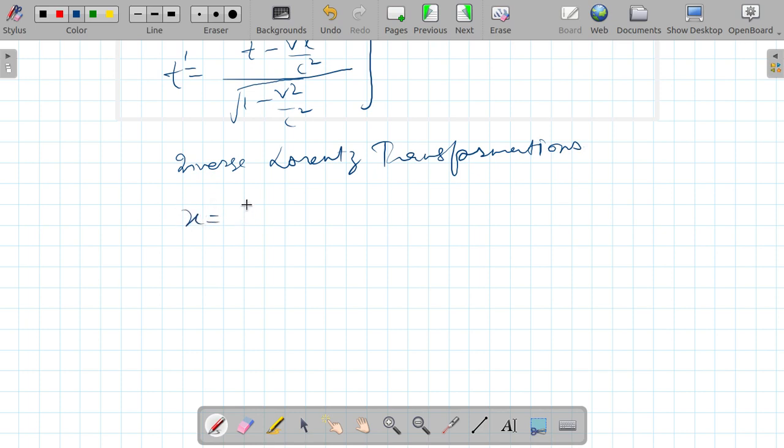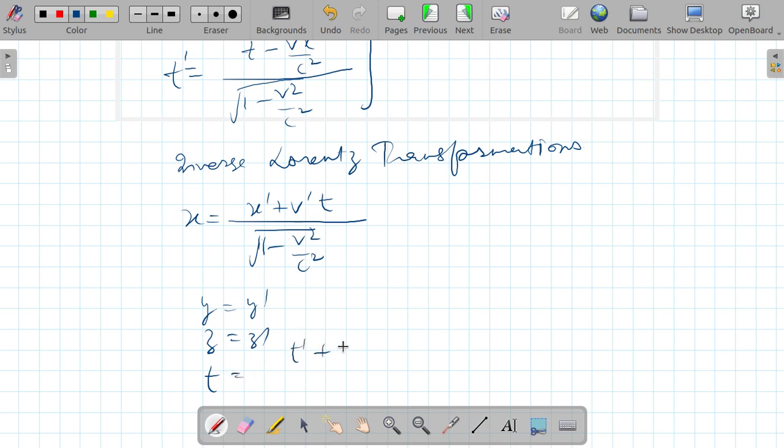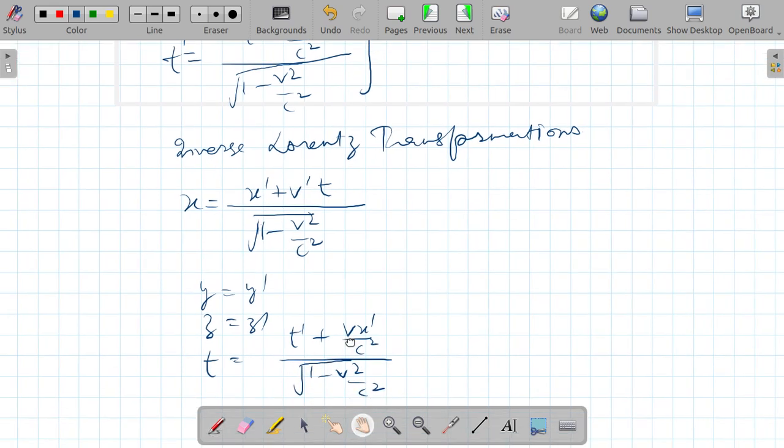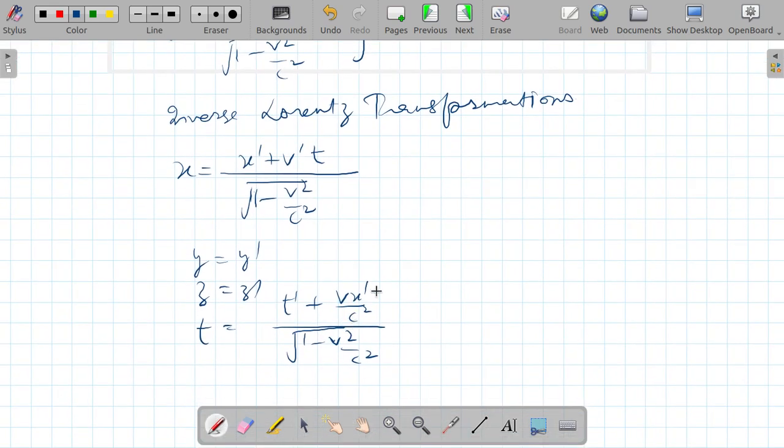This x is equal to x prime plus vt prime over 1 minus v square upon c square under the root, and this y is equal to y prime, z is equal to z prime, and t must be equal to t prime plus v x prime over c square divided by 1 minus v square over c square under the root. Right, so these are the inverse Lorentz transformations.